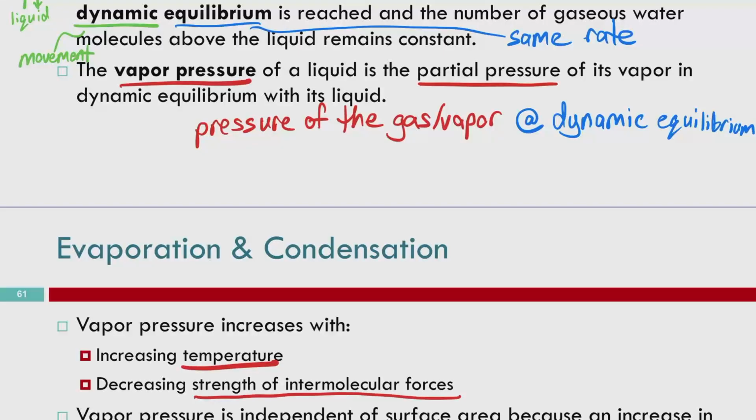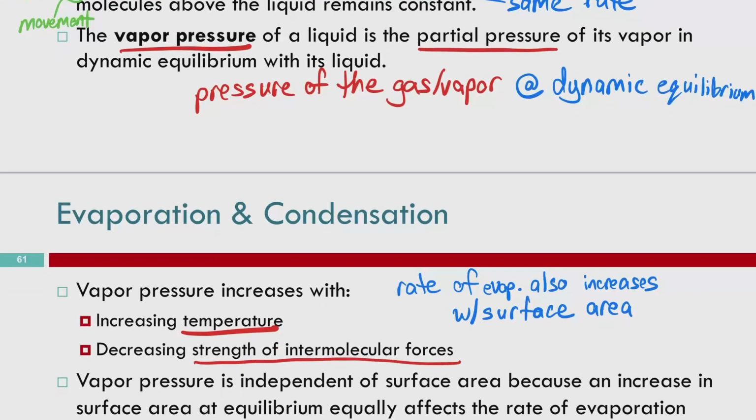This differs from our rate of evaporation that we saw earlier. So rate of evaporation also increases with surface area. Notice that we don't have surface area here.